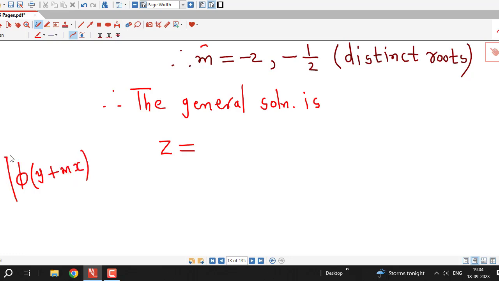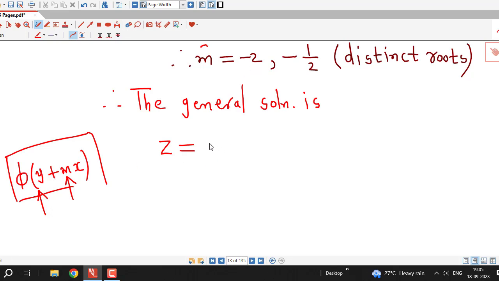We are going to write this type of functions in the general solution for each value of m, which is a root of the auxiliary equation. Here I have two values of m satisfying the auxiliary equation, so I will write two functions of this type corresponding to each value of small m.